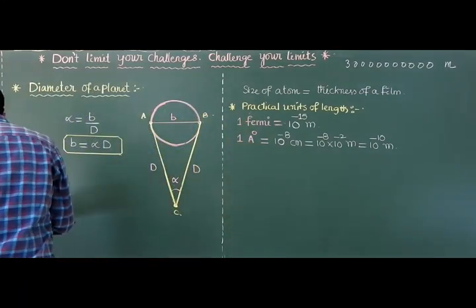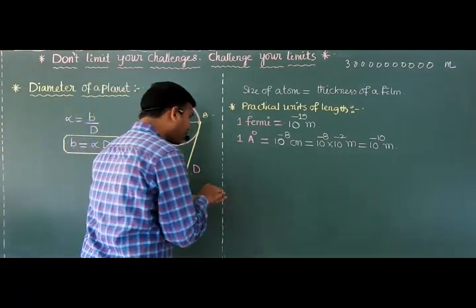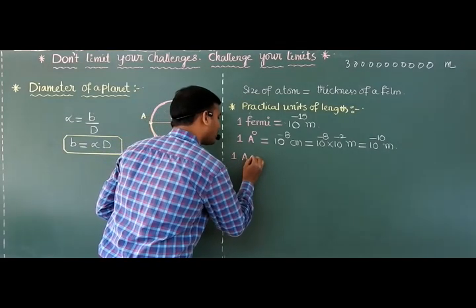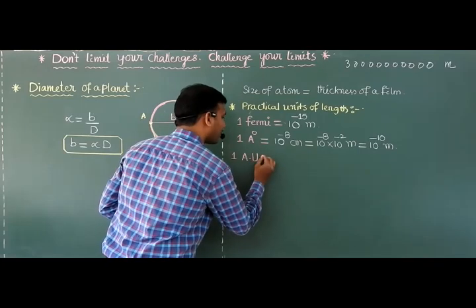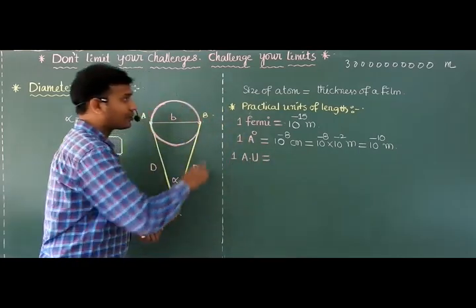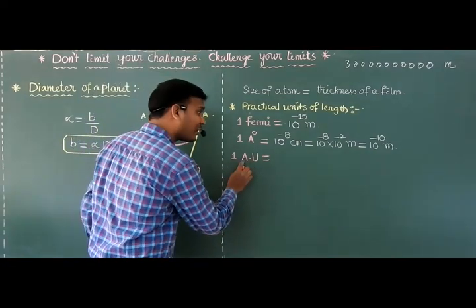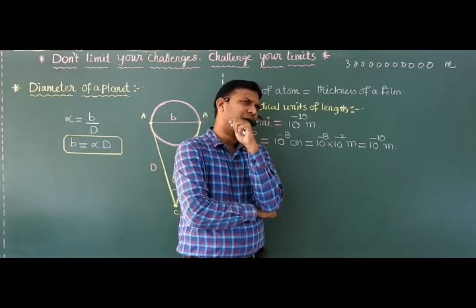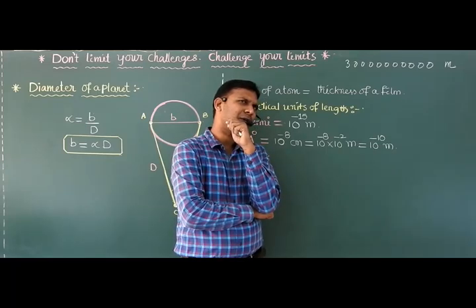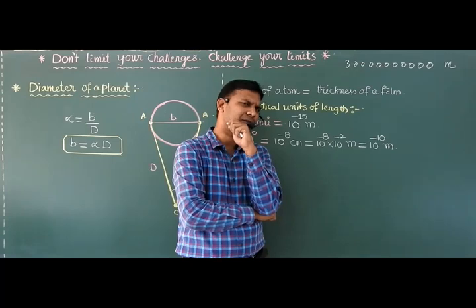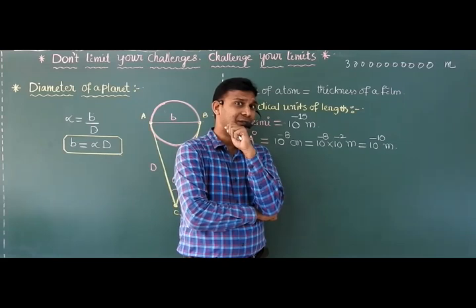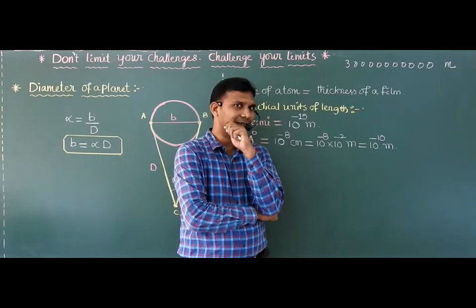Another unit is the astronomical unit. Sir, astronomical unit means this word is related to maybe distances related to planets and earth, like sun, like star.